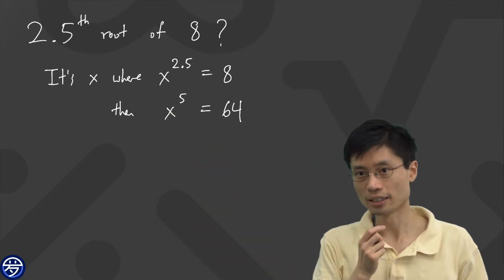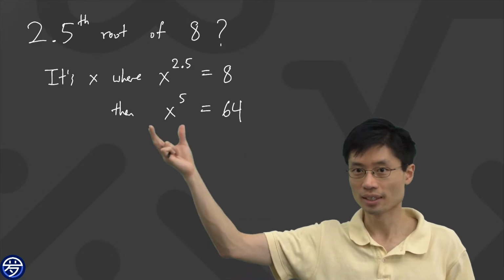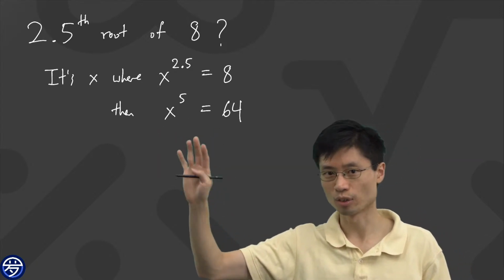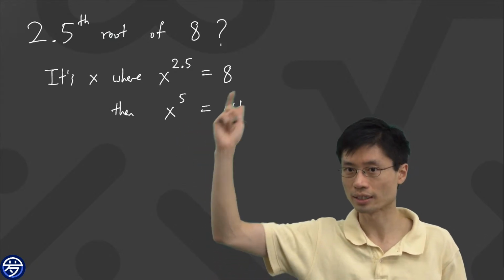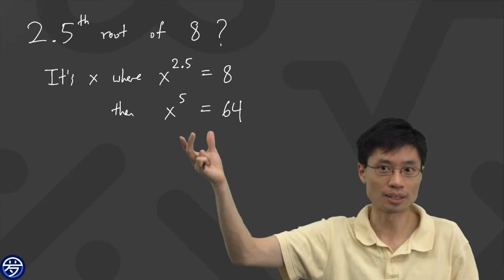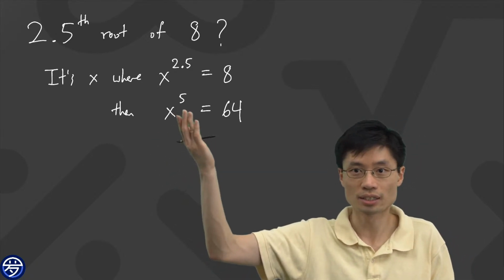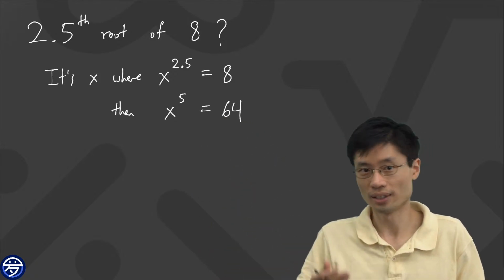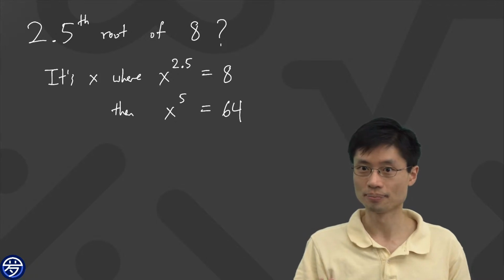And in particular, as long as I found a positive x, that would be okay. Here you always have to be careful of positive or negative. You don't want to get something where you took the square root of a negative number. I'm just saying, is there any number which when raised to the 5th power is 64? There is. It's not nice. But there is actually a number there.